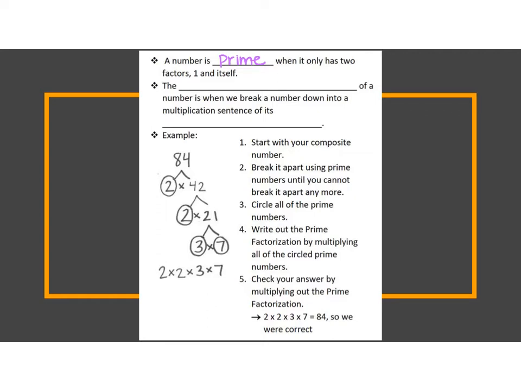The prime factorization of a number is when we break a number down into a multiplication sentence of its prime numbers.